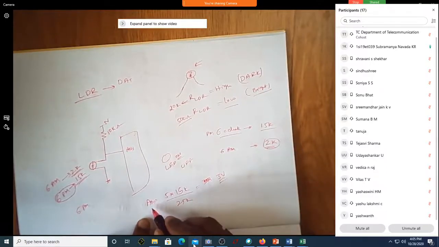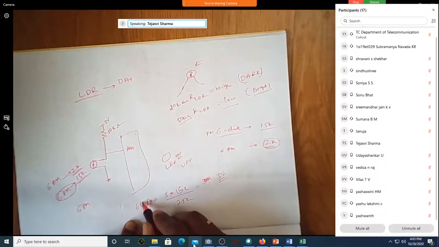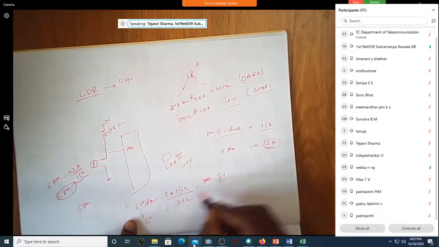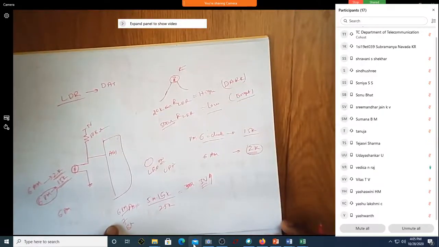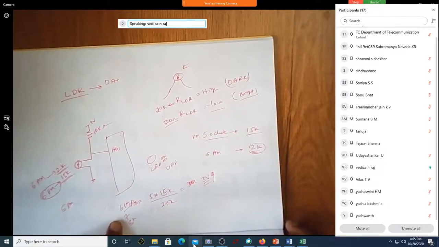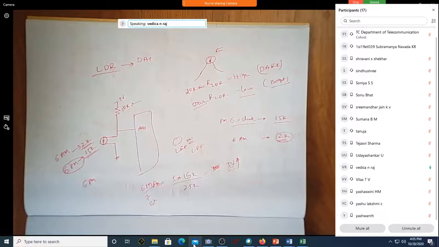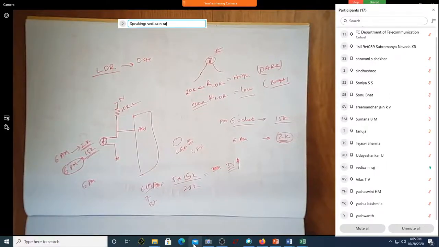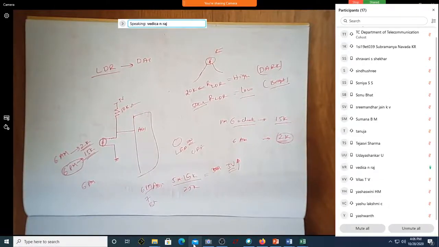When it is 6 p.m., 3 volt. When it is 7 p.m. or 8 p.m., is the voltage more than this? Why should it increase?